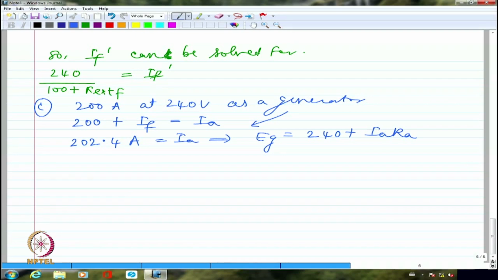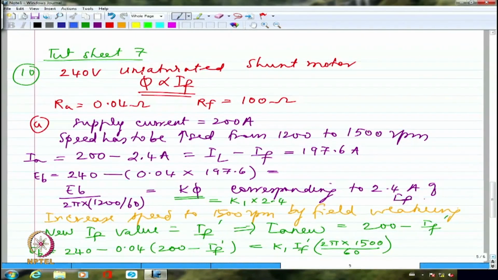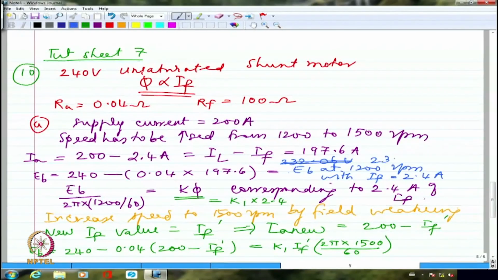We had calculated what EB is at 1200 RPM. This is what EB was at 1200 RPM with IF equal to 2.4 ampere. Now the speed is given as 1200 RPM. So I need to just use the ratio again. That's it. So this was how much? 232 something, 0.096. Okay, 232.1.